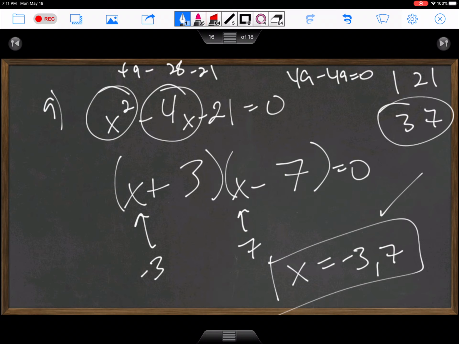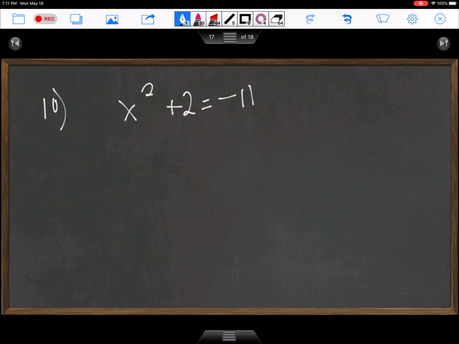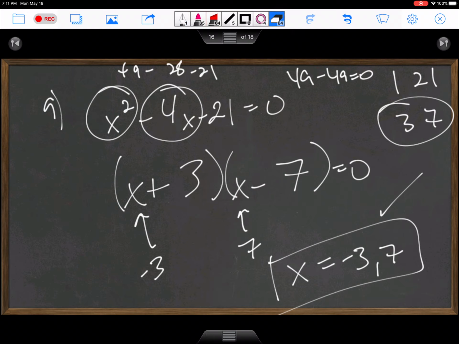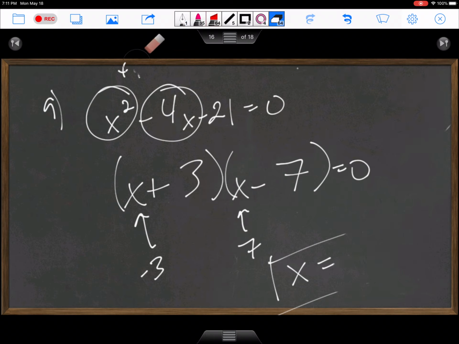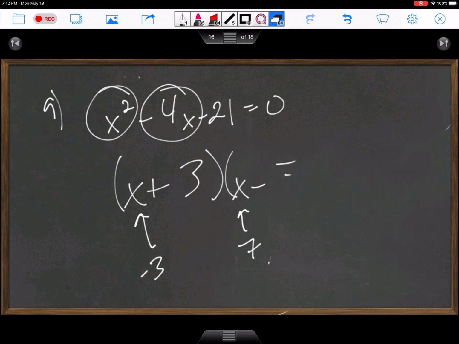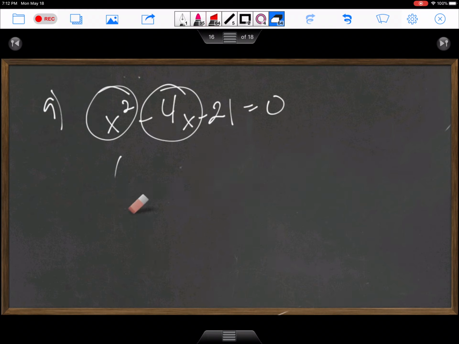And let me show you why you want to be able to find these answers by factoring, friends. Because the other option you're going to learn, if you do the extension or next year, is the quadratic formula.